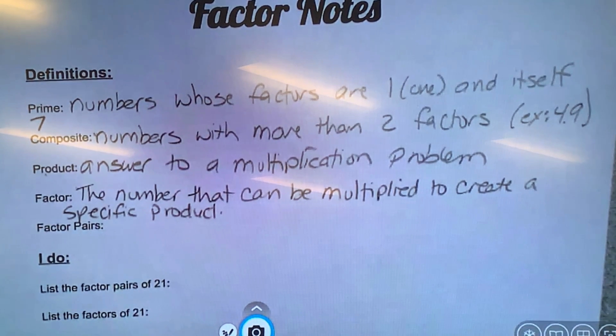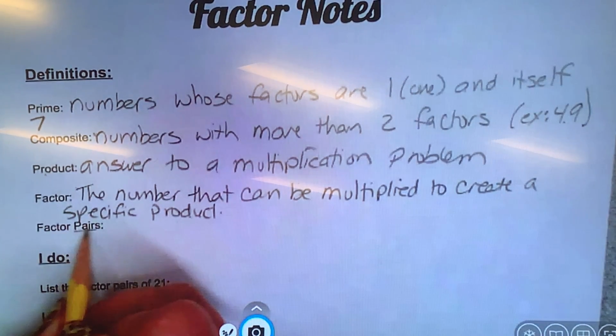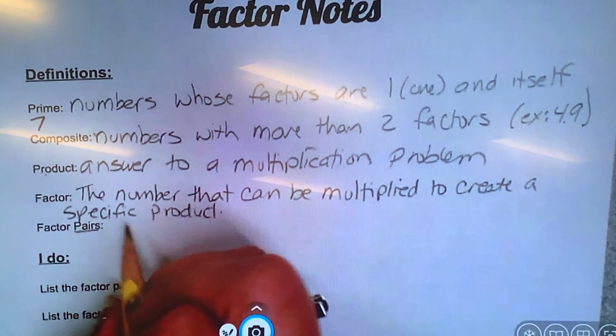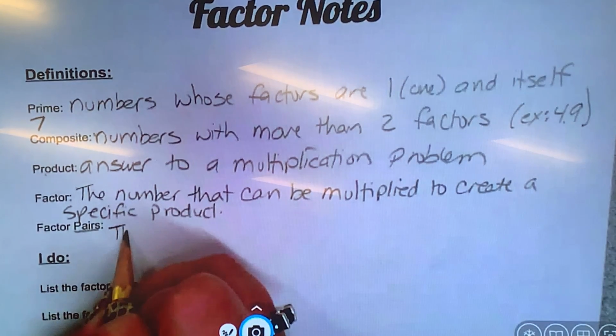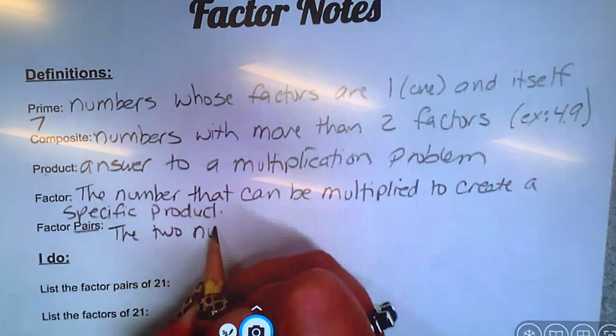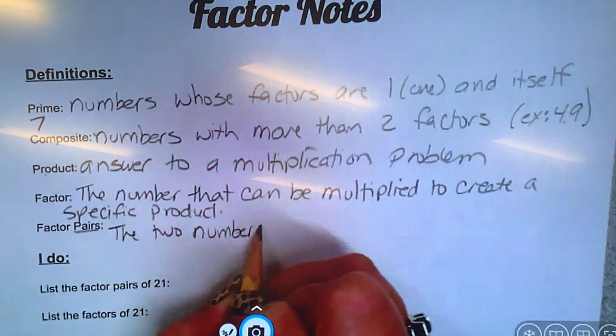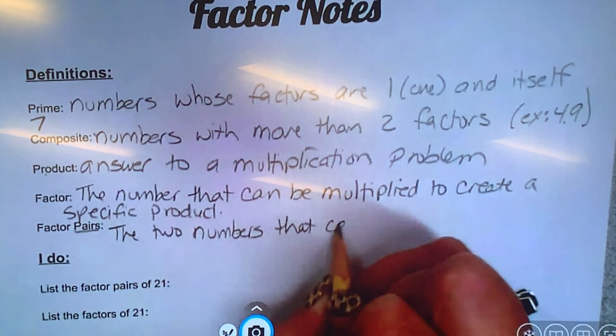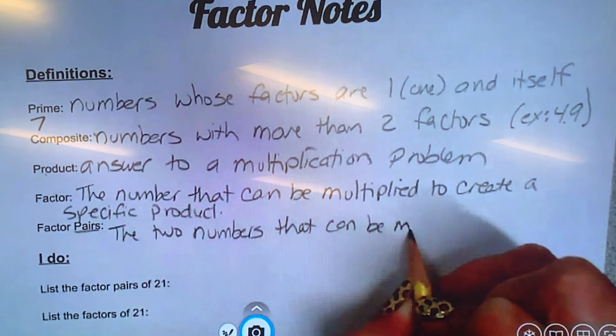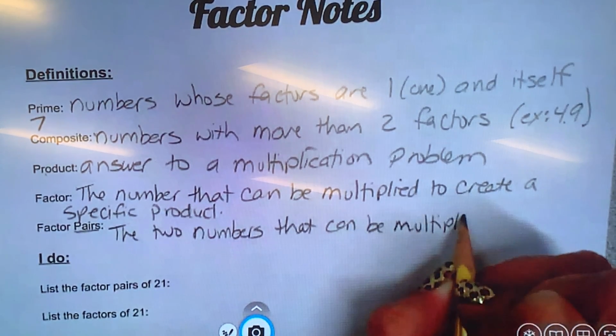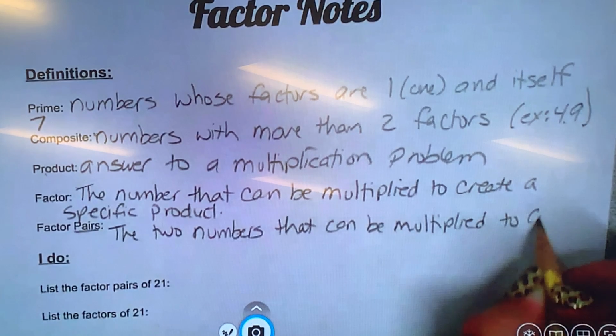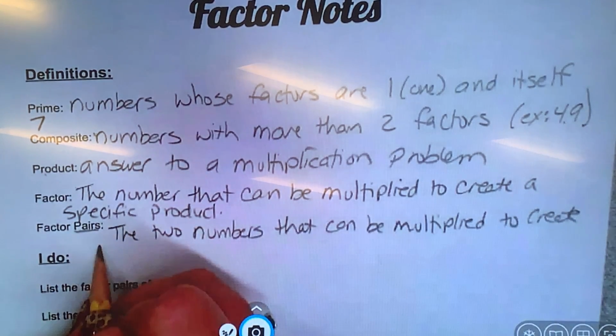Those are your factors. And factor pairs, that's 2 of something. So it's going to be the 2 numbers that can be multiplied to create a specific product.